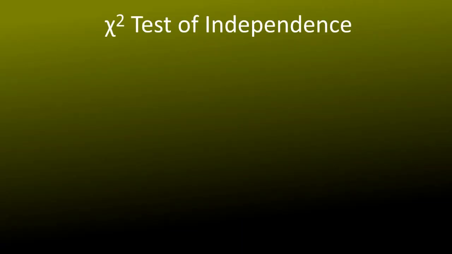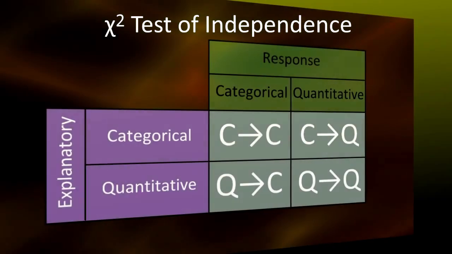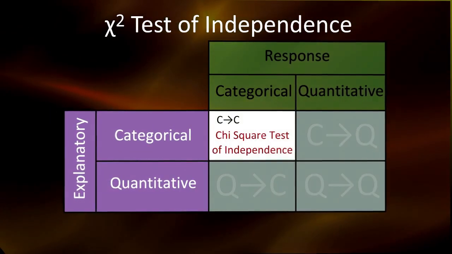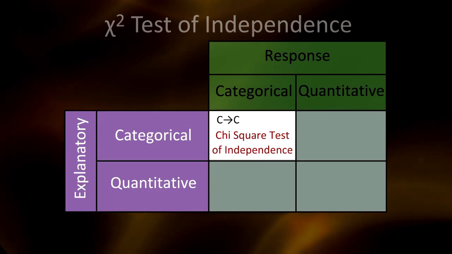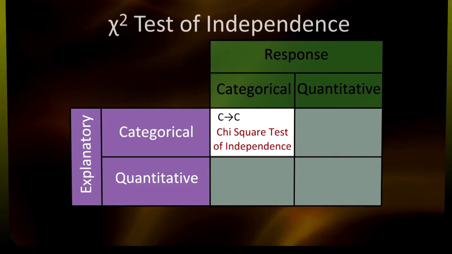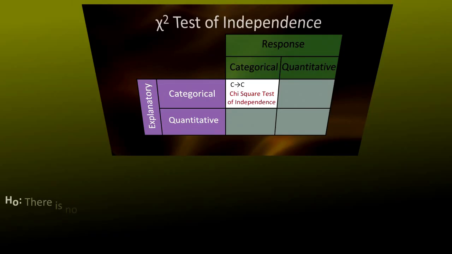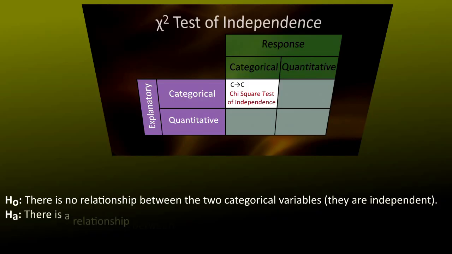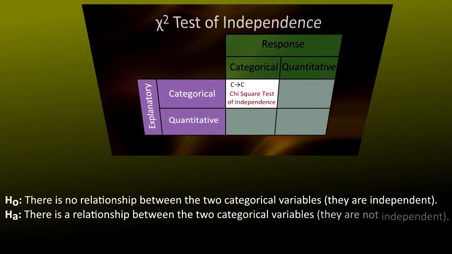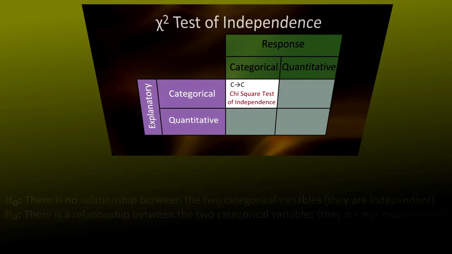Let's quickly summarize chi-square tests of independence. First, a chi-square test of independence is used when we have a categorical explanatory variable and a categorical response variable. The null hypothesis is that there is no real relationship between the two categorical variables. They are independent. And the alternate hypothesis is that there is a relationship between the two categorical variables, and they are not independent.